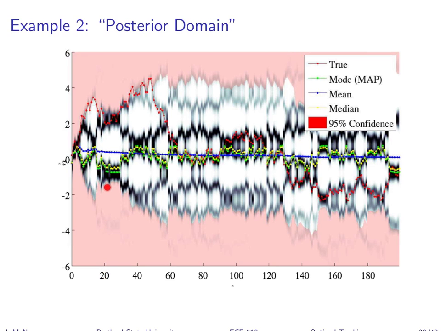But that's what this pink region is showing, from -infinity all the way up to the 2.5 percentile of the distribution. And likewise, you can go all the way from +infinity down to the 97.5th percentile of the distribution. And that's what the upper pink region is showing. So anything that is not within the pink shaded region is within a 95% confidence interval.